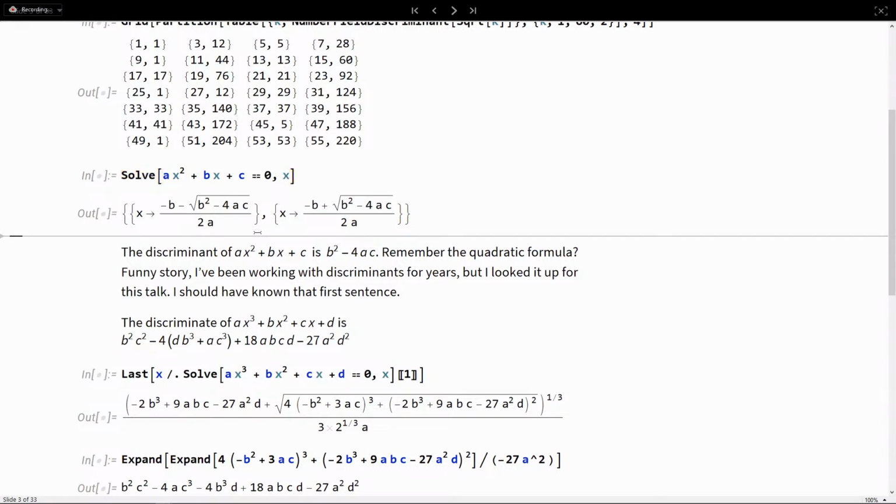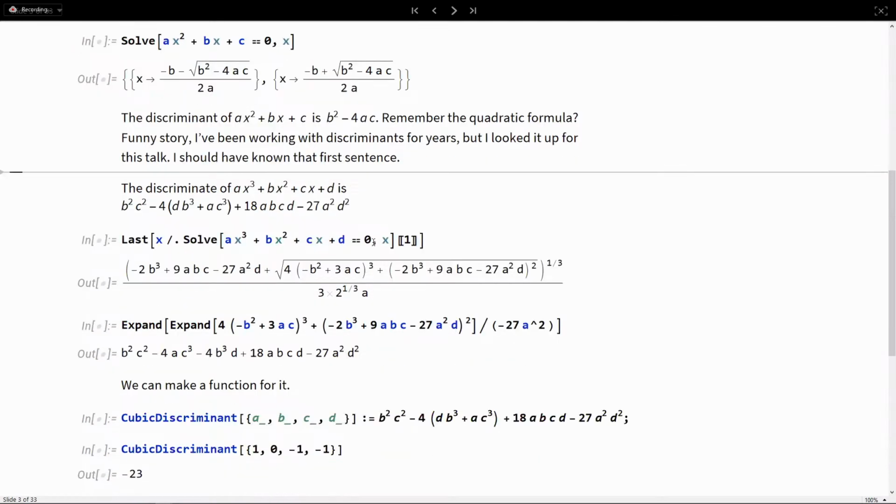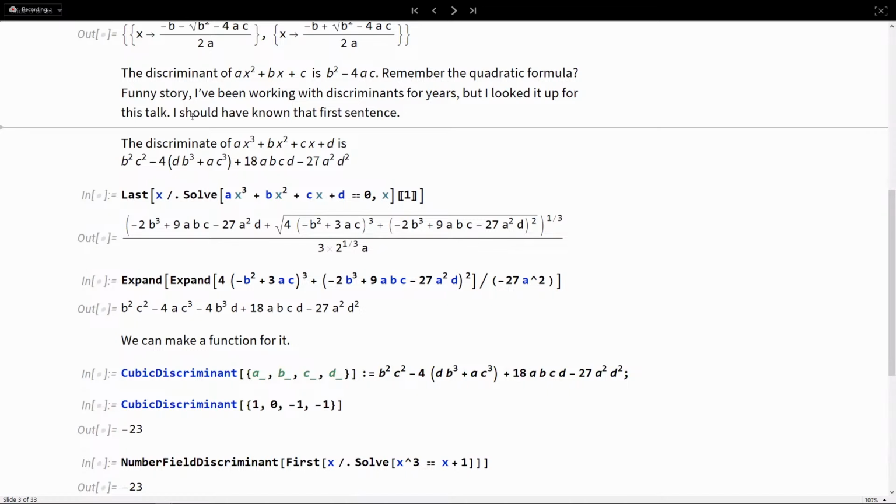So I didn't really understand discriminants until I started researching for this talk. You don't necessarily need to understand a tool in mathematics in order to use it. I've used discriminants a lot without having any idea what they actually were, but now I know since I looked it up.